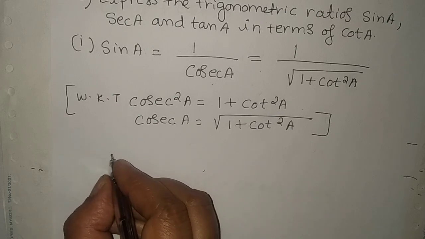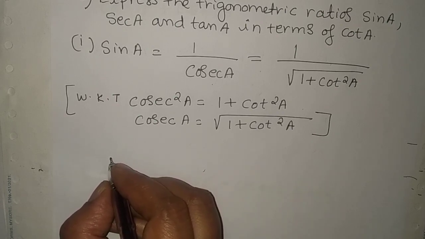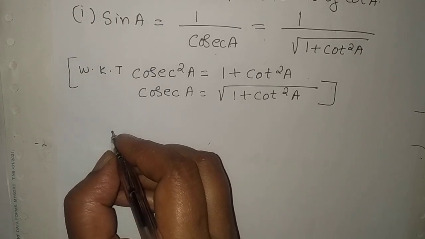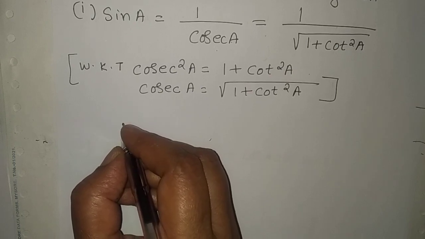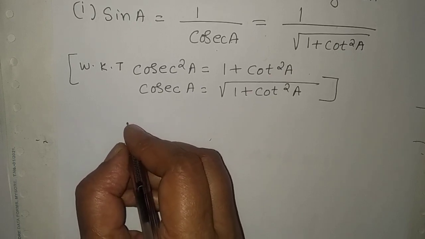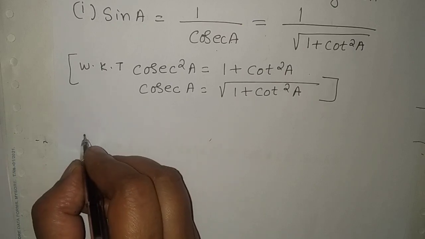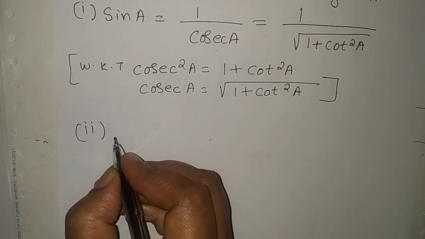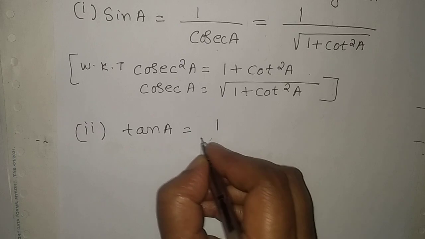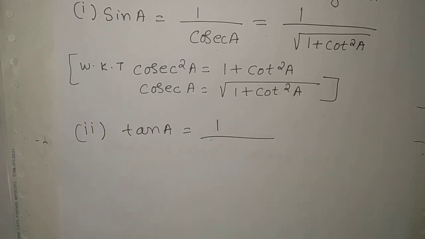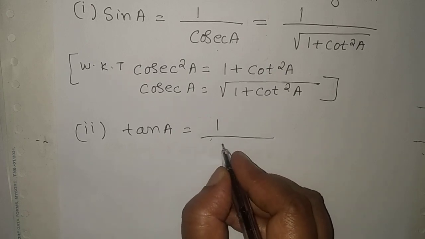So we finished this one. Then the second one is tan A. Tan A is equal to 1 by cot A. That's all.